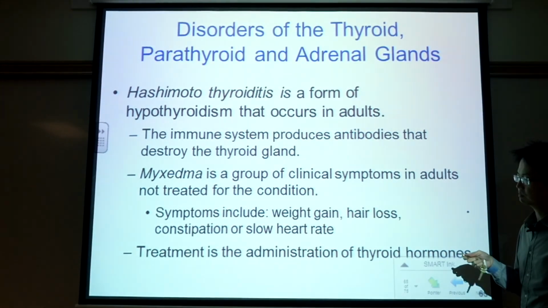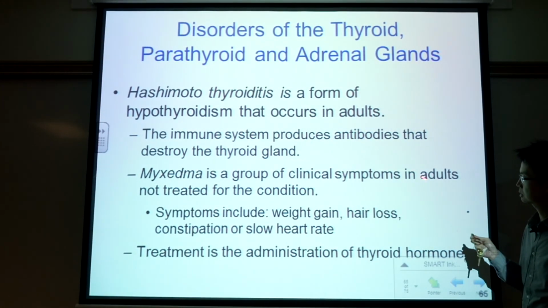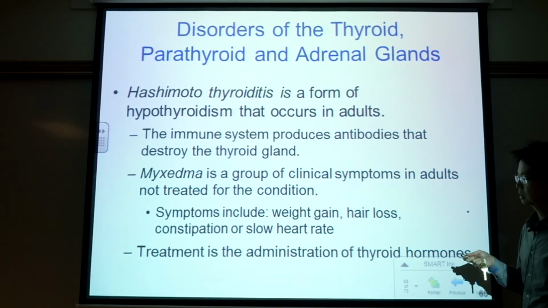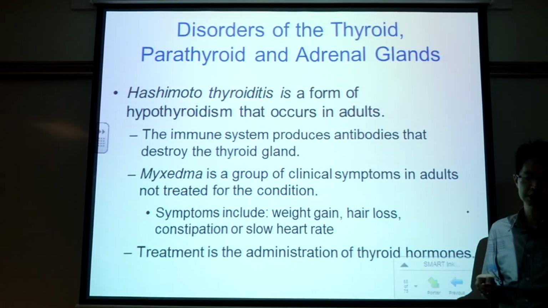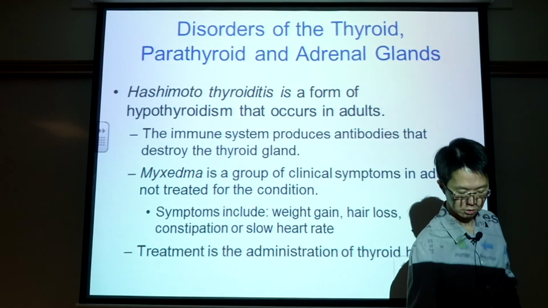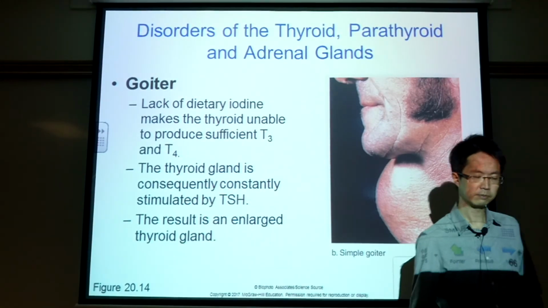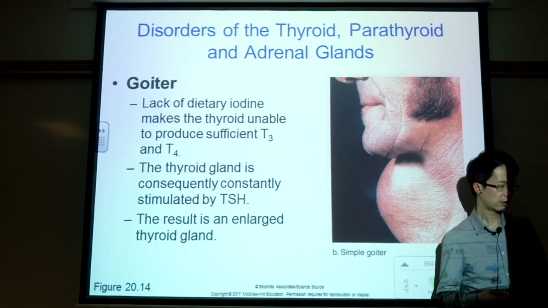Myxedema is a syndrome that occurs when this condition is not treated. If you have hypothyroidism as an adult, you have weight gain, hair loss, constipation, or slow heart rate. Again, treatment for adult hypothyroidism is to give them thyroid hormone.